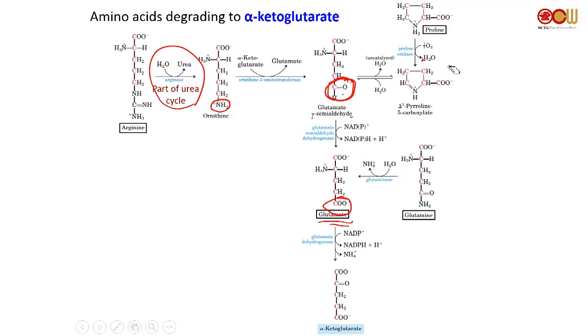What you also have is proline. You always remember proline as that weird amino acid with a circular structure. But it turns out proline has an uncatalyzed equilibrium between the oxidized form and glutamate gamma semialdehyde. So from proline, you first do an oxidation here.